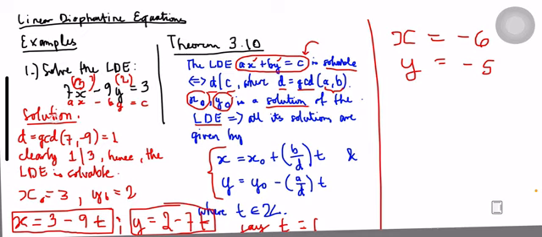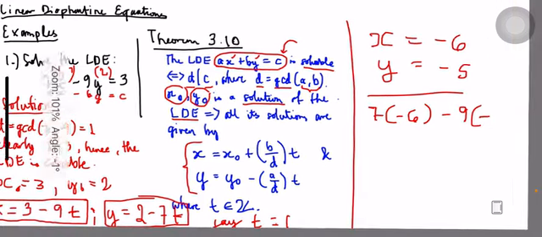So just to check, we have 7 times negative 6 minus 9 times negative 5. It should be equal to 3.